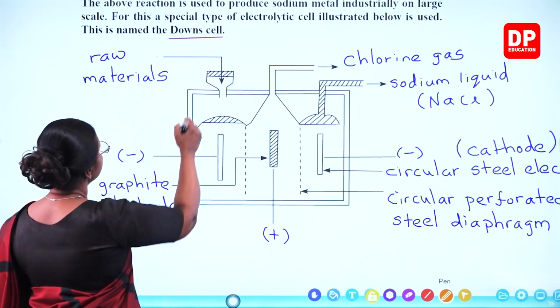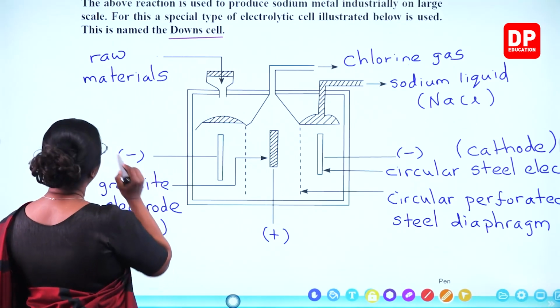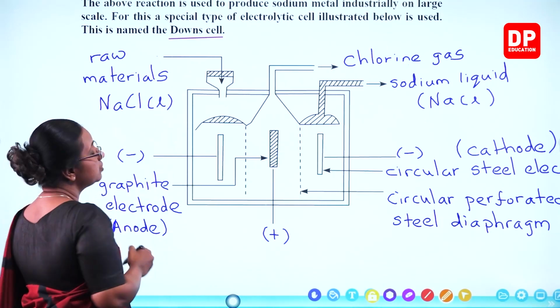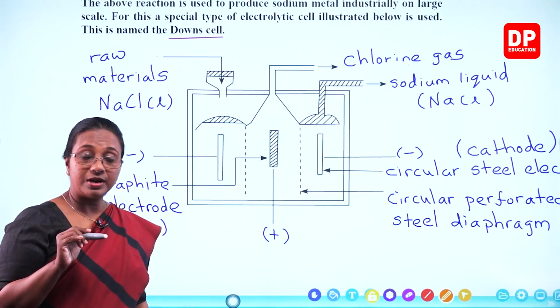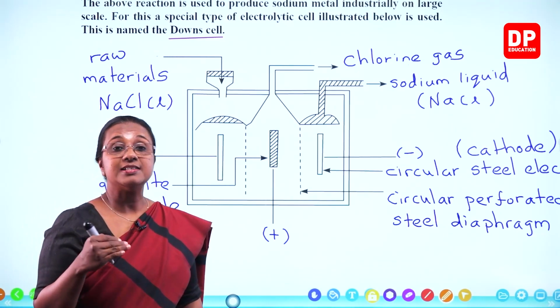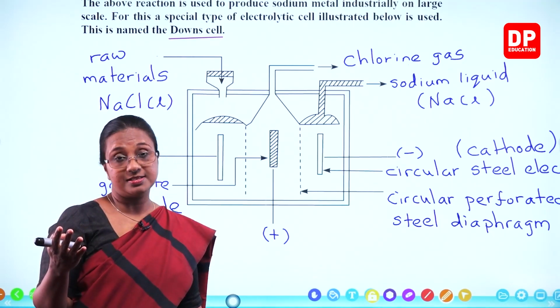Then here you can see the raw materials are inserted through this. What is the raw material? Sodium chloride liquid, or fused or molten sodium chloride. Sodium chloride has a high melting point, around 850 degrees Celsius.